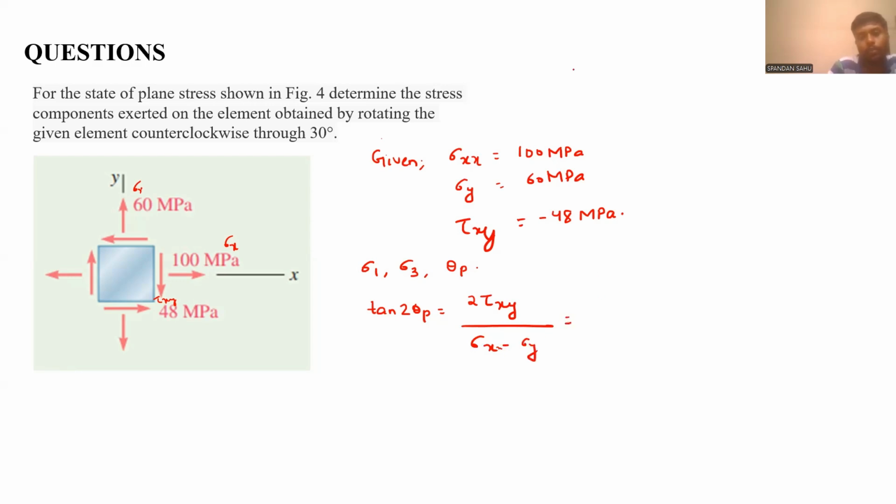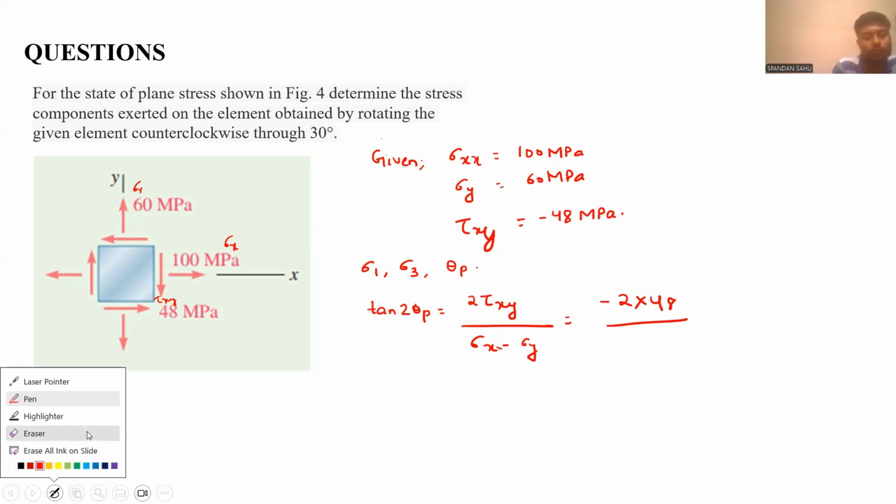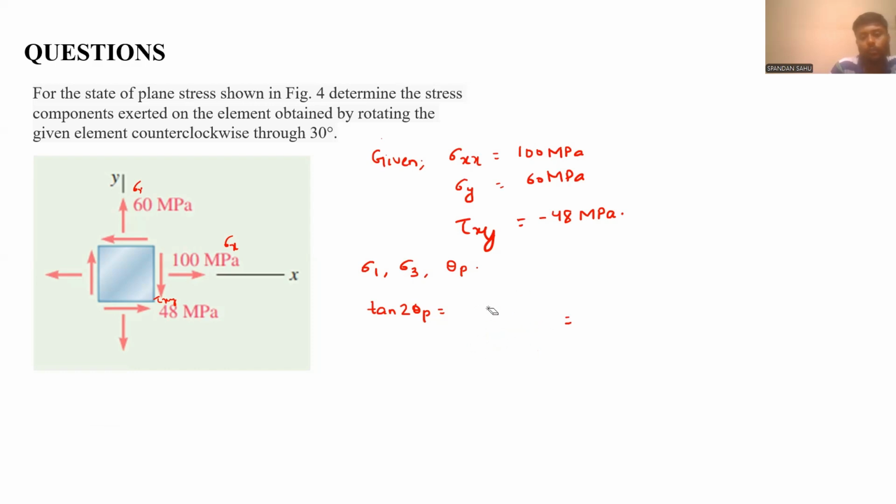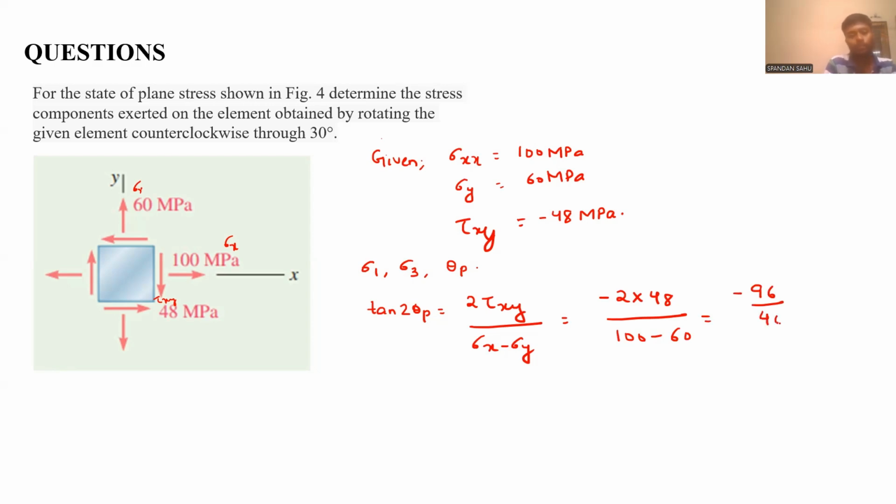That is minus 2 into 48 by 100 minus 60, so minus 96 upon 40.